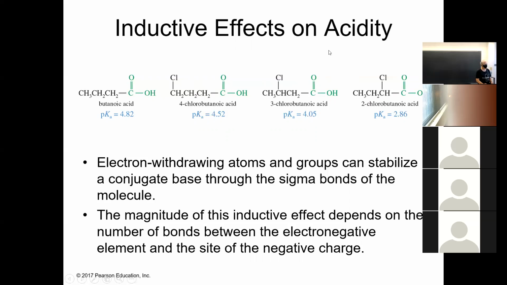Let's jump over to the other side. We have 2-chlorobutanoic acid. When the proton is removed, we get a negative charge here, and we have this nearby chlorine, which is pulling electrons through the covalent bonds, and that helps to spread out and stabilize the negative charge.